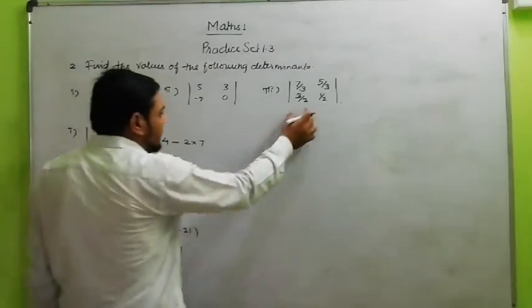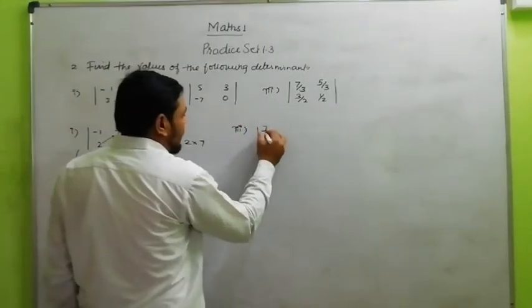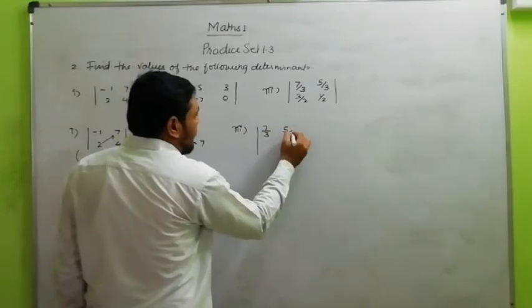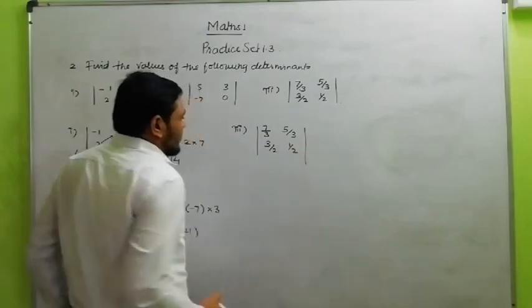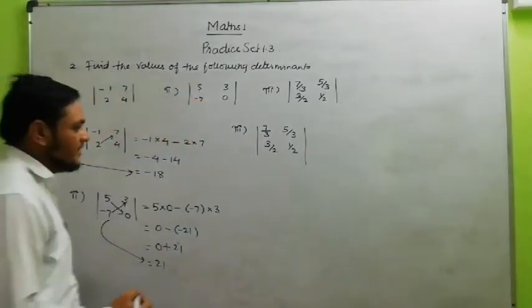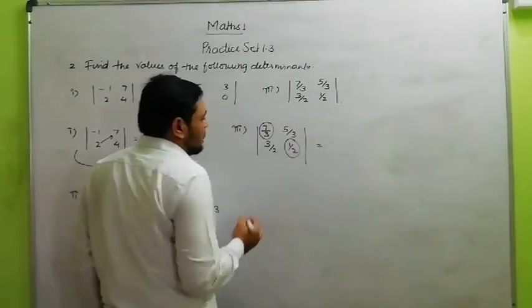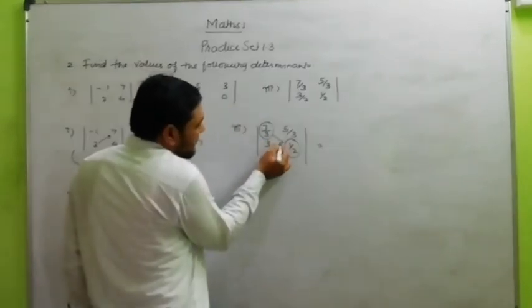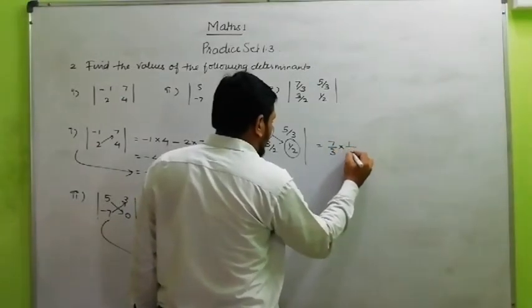Now we will take the last determinant, that is the third question. It is 7 upon 3, 5 upon 3, 3 by 2, 1 by 2. We will apply the same method here. We multiply 7 upon 3 by 1 upon 2.